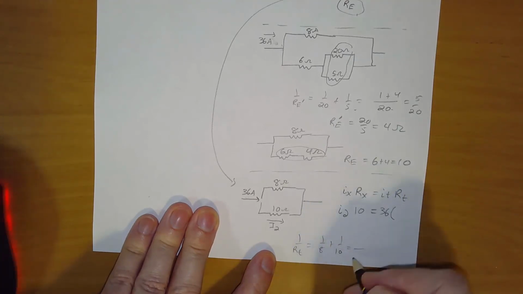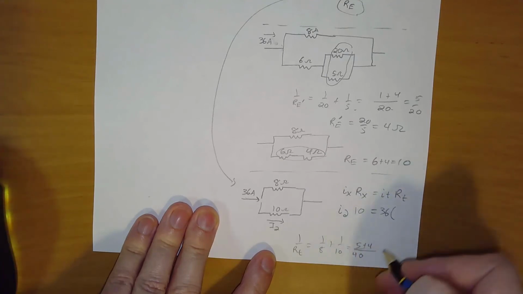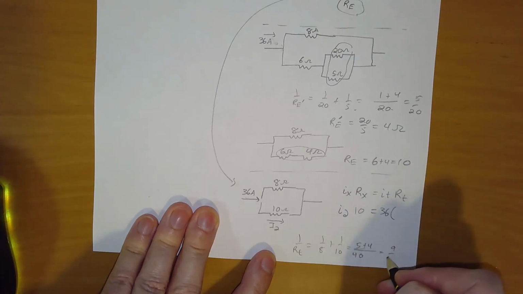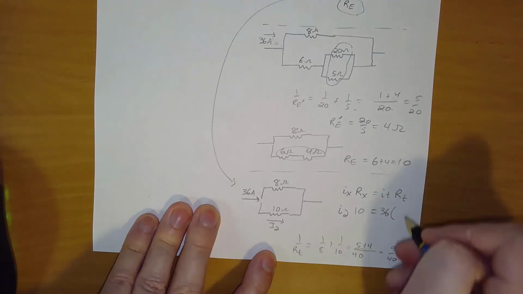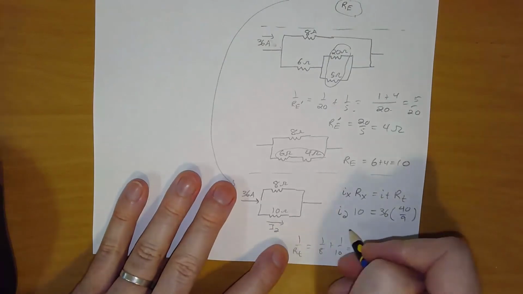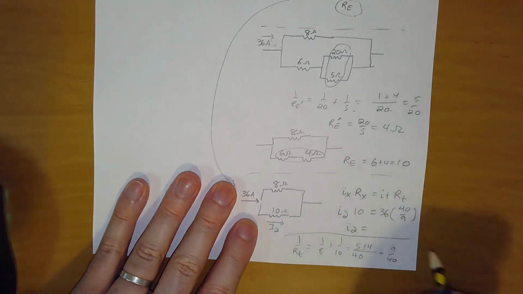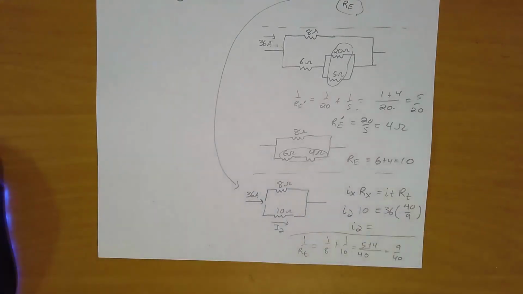The common denominator here, I believe, is 40. So we have a 5 here and a 4 here, which will be 9 over 40. Then we flip that and put it up here, so we'll get 40 over 9. And then we solve this for I2, and we will get 16 amps.